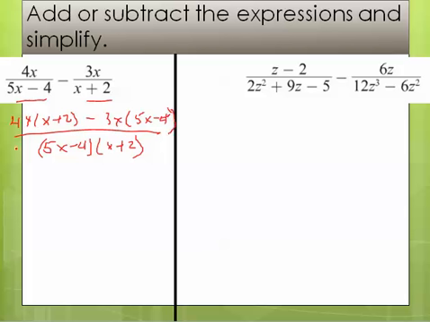Lousy parenthesis. Okay? Well, if I multiply 4x times x, I get 4x squared. If I multiply 4x times 2, I get 8x, plus 8x. And I'm subtracting, well, 3x times 5x is 15x squared.